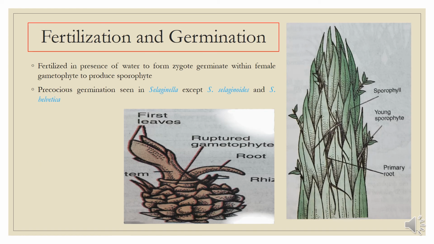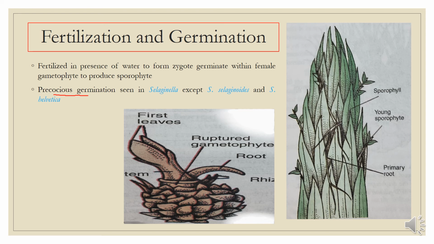Here we see precocious germination in Selaginella, which means that the female gametophyte, that is the megaspore, does not leave the strobilus while still on the sporophytic plant. The megaspore matures and gets fertilized, and the zygote develops into an embryo and another sporophyte.